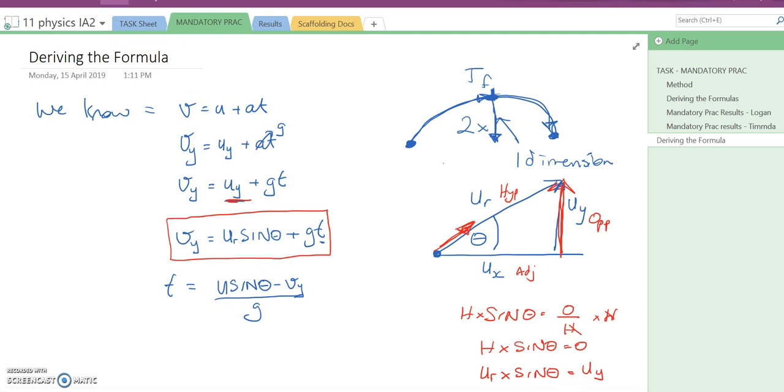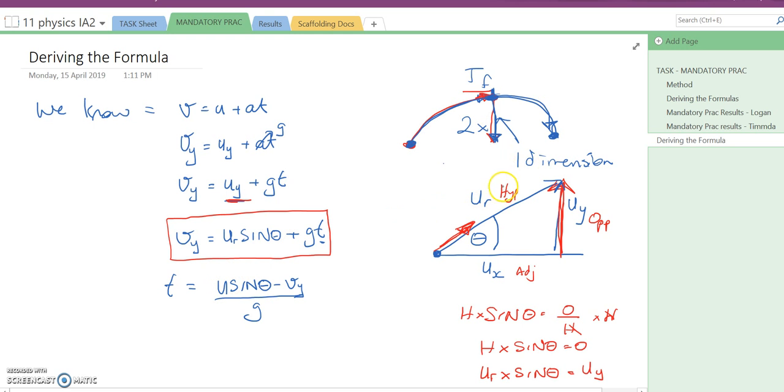Okay, and I can do something else with this, because the time we're calculating is not the time of flight. The time is this time here to drop from there to there, or the time taken to go from here to here. It's only half the flight.